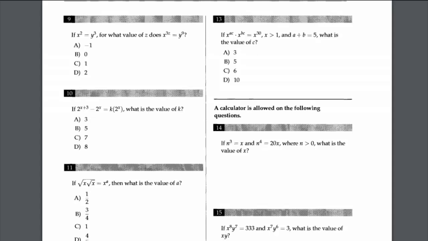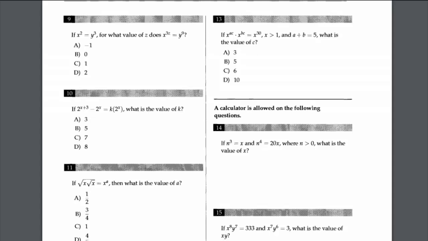So n to the power of 3, instead of it, put x. That is x times n equals 20x. Dividing both sides by x, you get rid of the x, so n equals 20. So 20 to the power of 3 equals x.